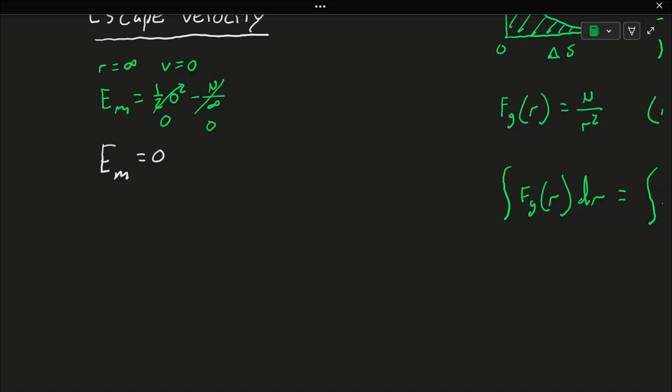So now what we can do, because we know that's equal to 0, is say, okay, well that means that if we're going to escape, we need our mechanical energy to equal 0. So 0 equals 1/2 v squared minus mu divided by r.